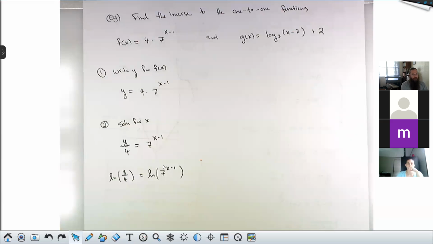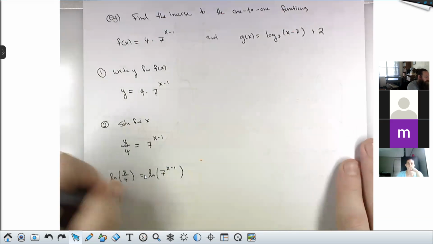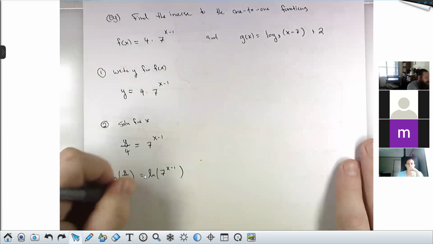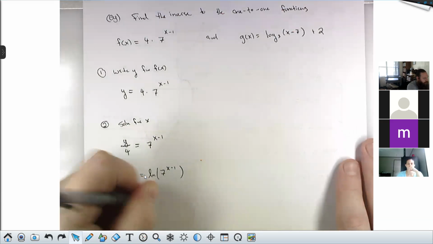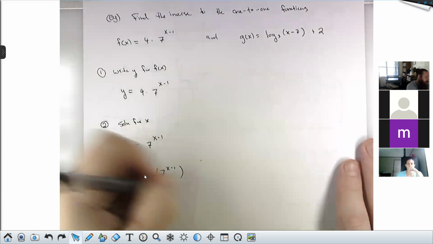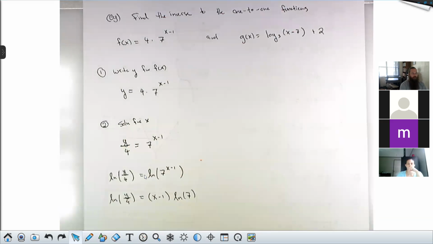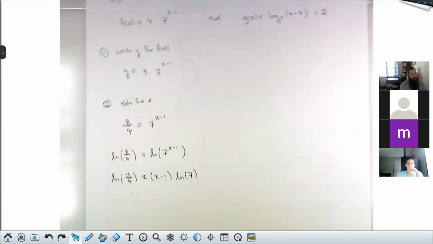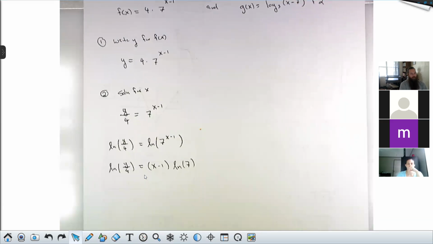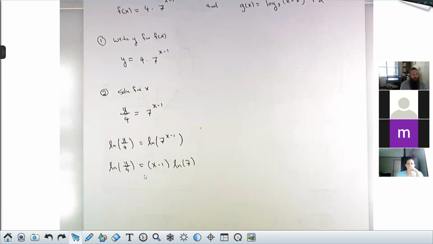And the slick part about that is that this power, x minus 1, is going to come down. So this is the same as saying ln of y over 4 is equal to x minus 1 times the ln of 7, like this. And again, my goal is to solve for x. I'll get this guy alone.